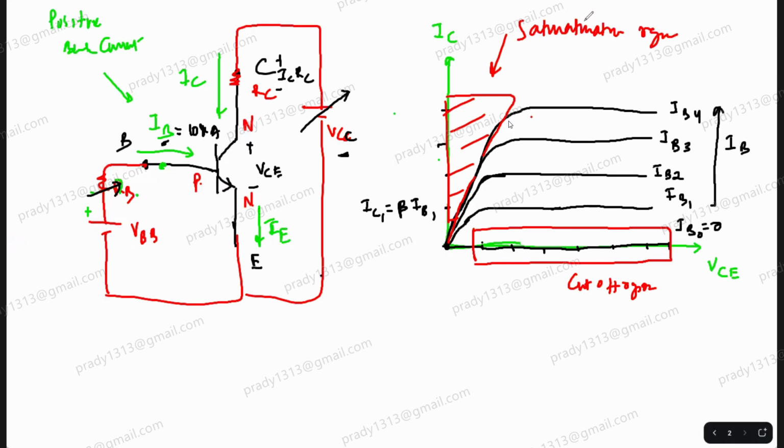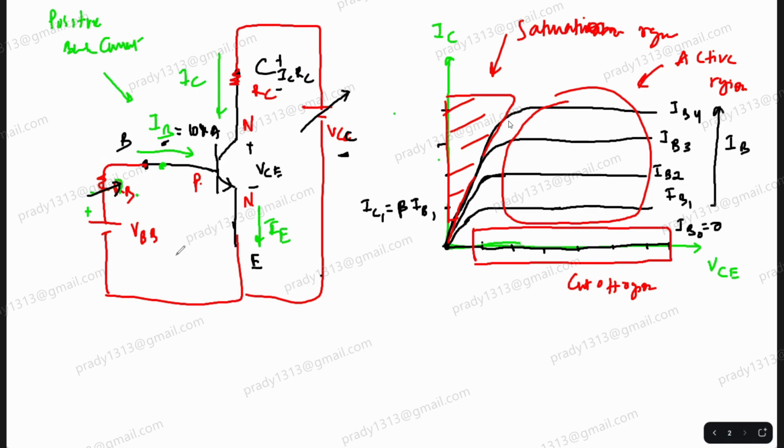Sorry for the spelling. And this region is called the active region. So a BJT can operate in 3 regions: saturation region, cutoff region and active region.